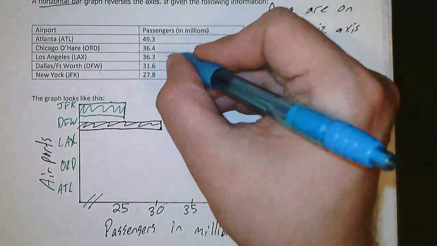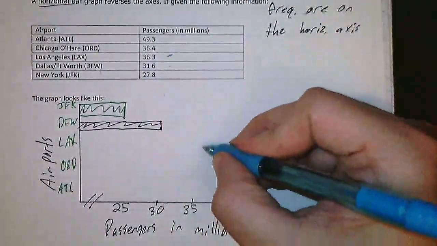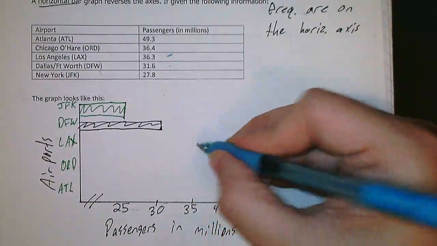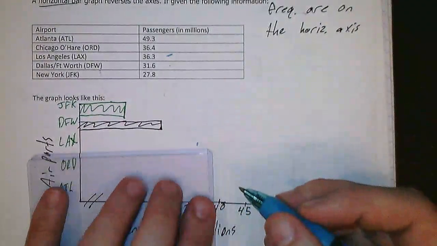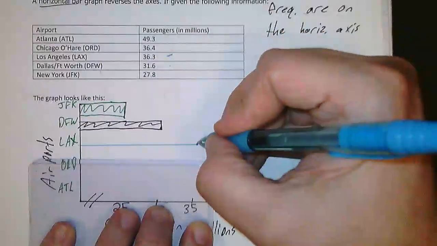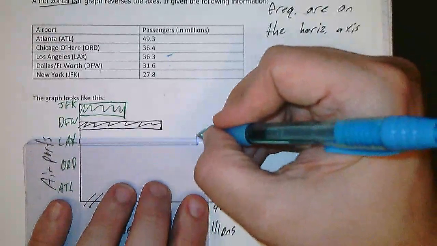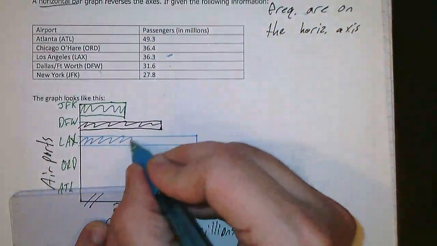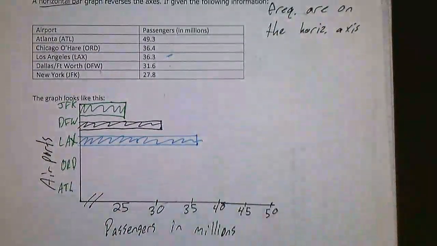LAX, we had about 36 million. So we'll stop somewhere past the 35, maybe like right there. There's our bar for LAX.